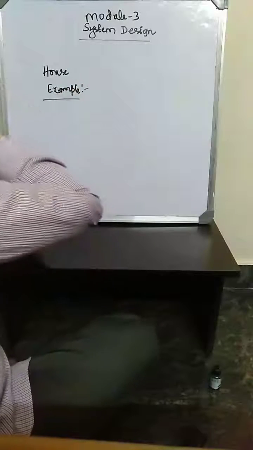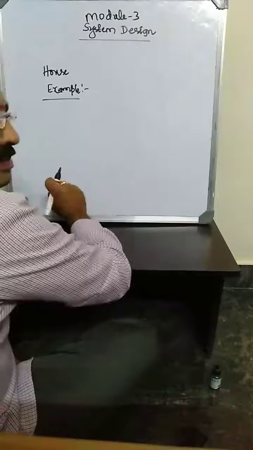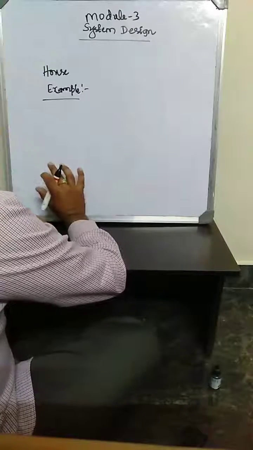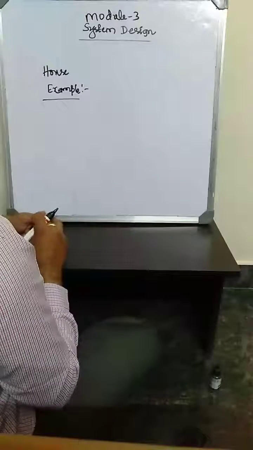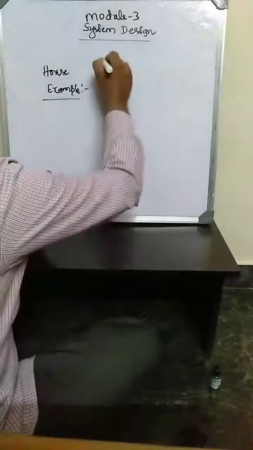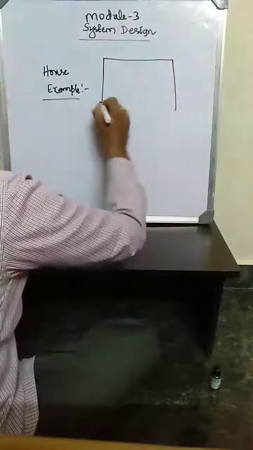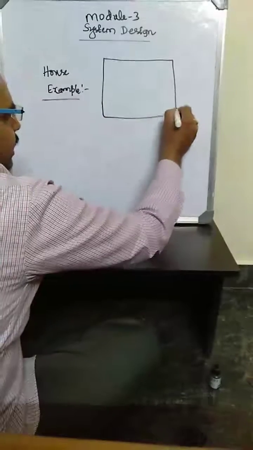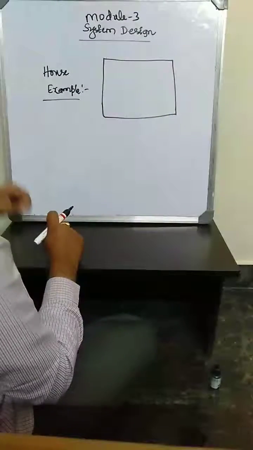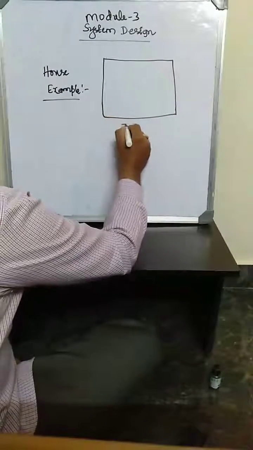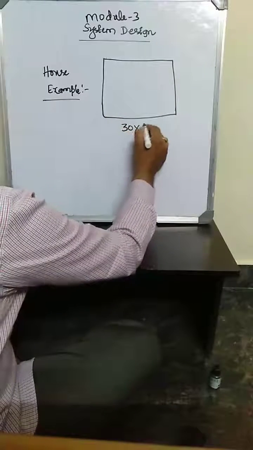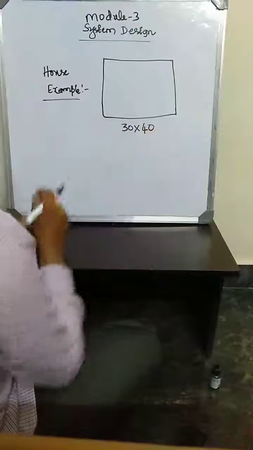So here, what exactly you may find? See, here we have to plan a house, right? If you take this as the plot area, let us say it has a dimension of 30-40. So this is a 30-40 site.